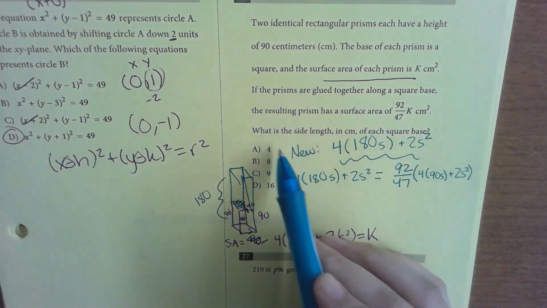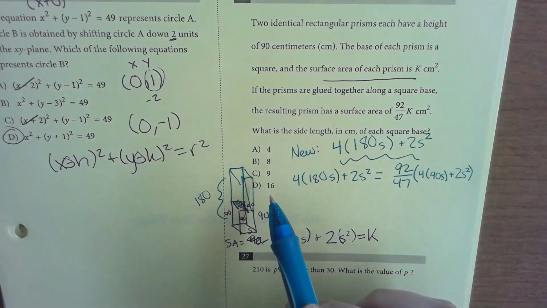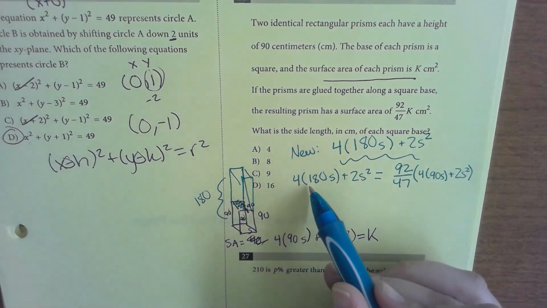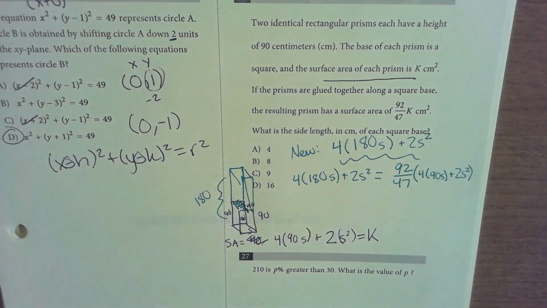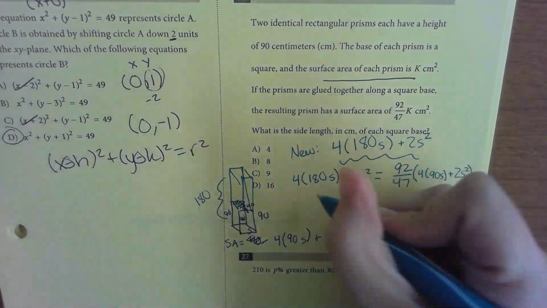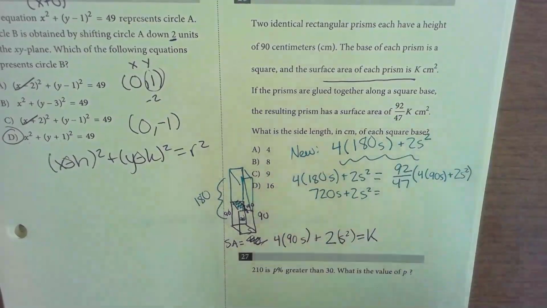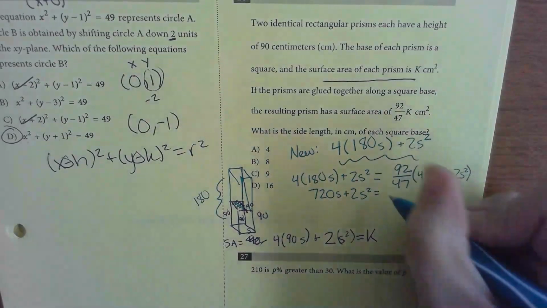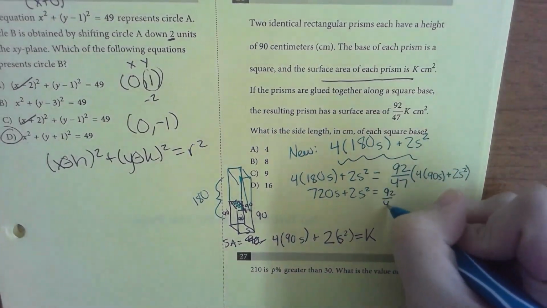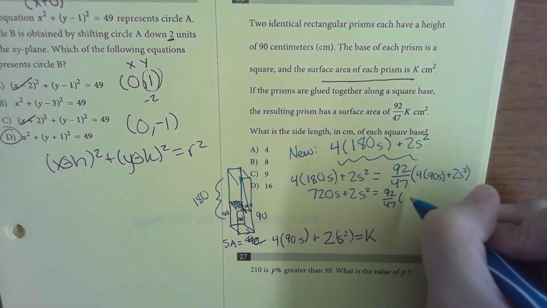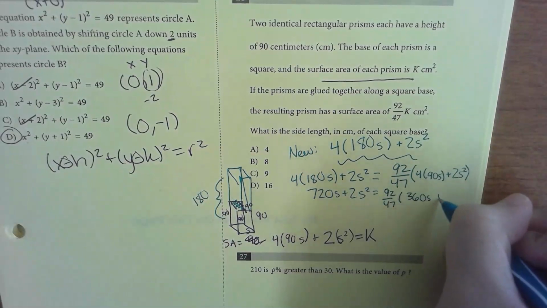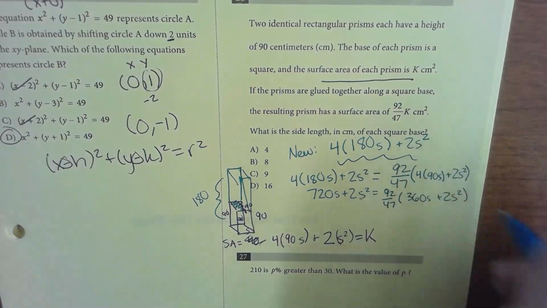And since I'm looking for s, eventually I can plug in my answers and try that strategy. Let's combine a little bit here though. I have 4 times 180s, that's 720s, plus 2s squared. 4 times 90 is 360s, plus 2s squared, times 92 over 47.